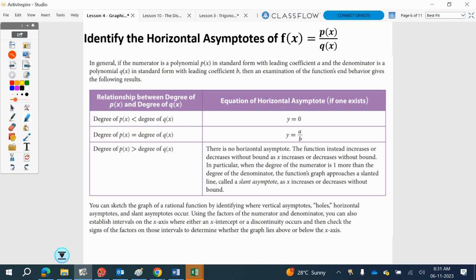So let me give you an example of this one. Just write it up over here. Say we have x plus 1 over x cubed minus 1, something like this. The horizontal asymptote of this function is going to be 0. Because for any x value we put in bigger than 1 or smaller than negative 1, the denominator is going to be much bigger than the numerator.